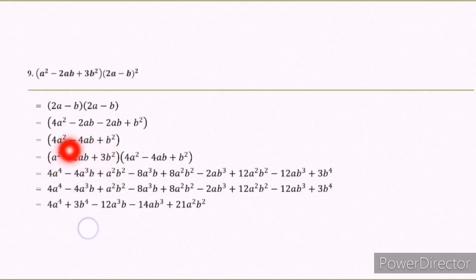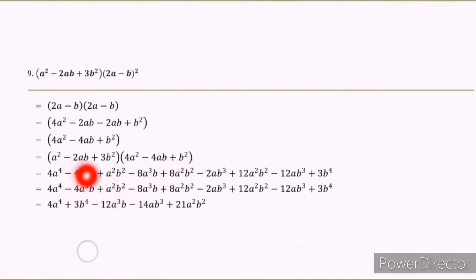Then multiply it. a squared times 4a squared is equal to 4a raised to 4. a squared times 4ab is equal to 4a cubed b. a squared times b squared is equal to a squared b squared.